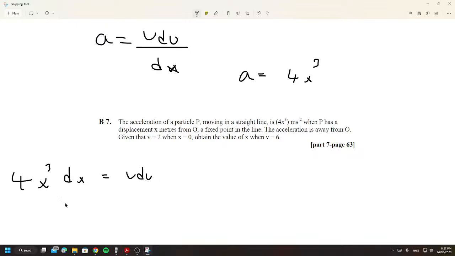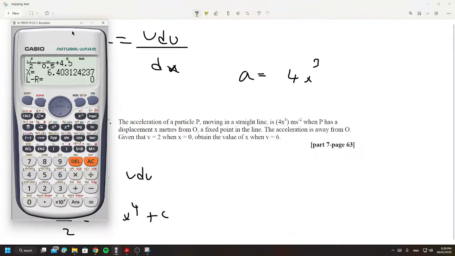If we integrate, we're going to get v squared over 2 equals 4x to the power of 4 over 4, which is basically just x to the power of 4, plus c. Now we're going to substitute, sorry, to find the value of c.